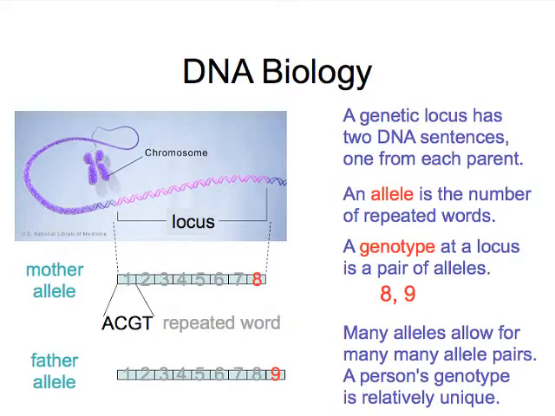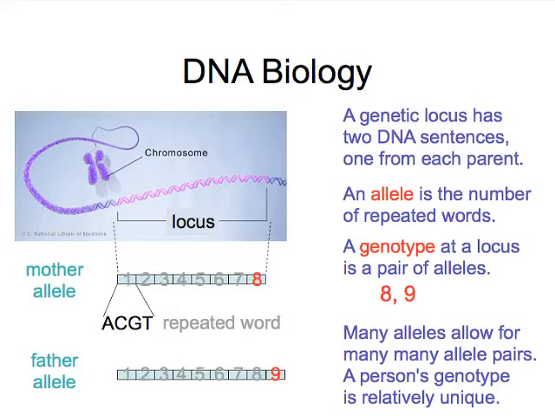So if you take a look at one location, which is called a locus, then since we have 2 parents, we have 2 copies, and there are 2 different sentences that are sitting there, and those sentences are called alleles.